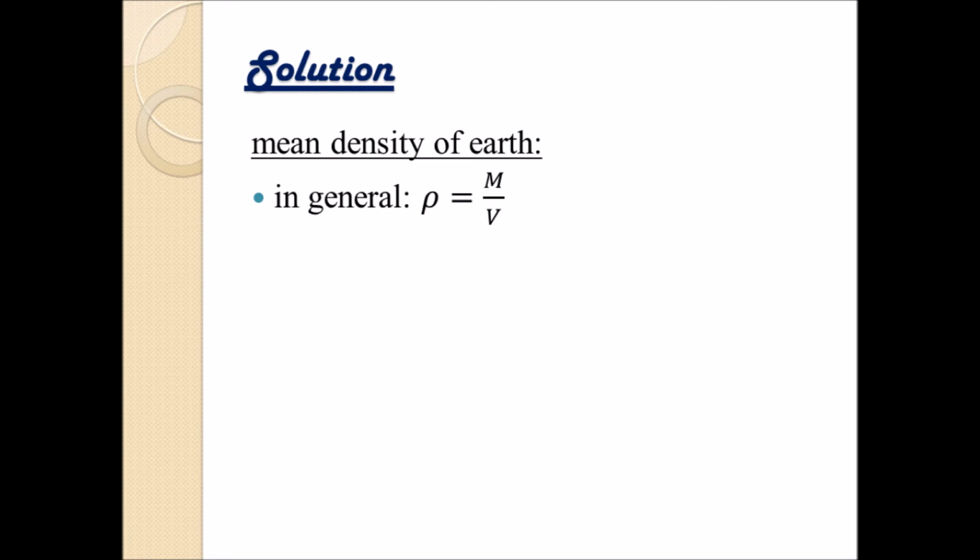In our case we have the mass of Earth, m, and we are going to divide it by its volume. Assuming that the Earth is of spherical shape, the volume of a sphere equals 4 over 3 pi r cubed. And yes, we have given r cubed, but this is actually not the question. We are supposed to substitute it by T1.